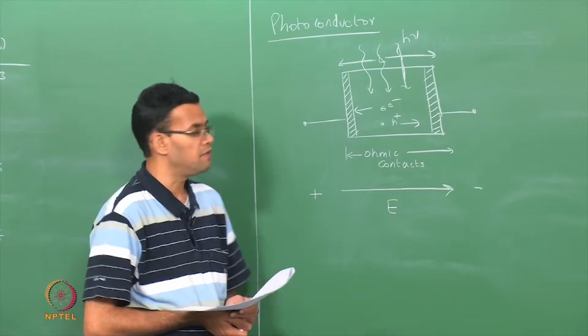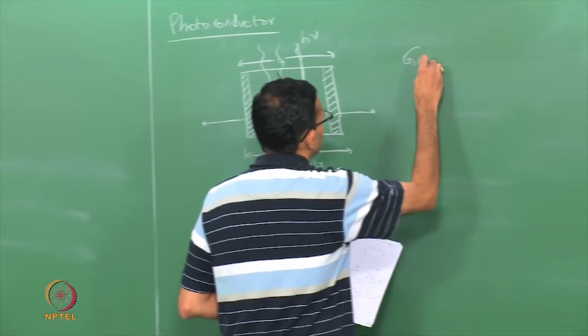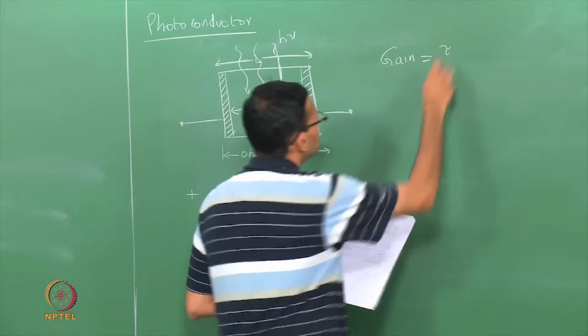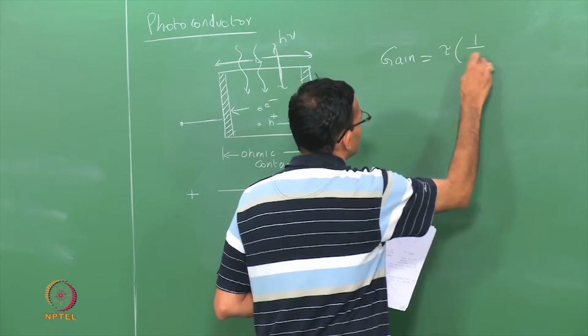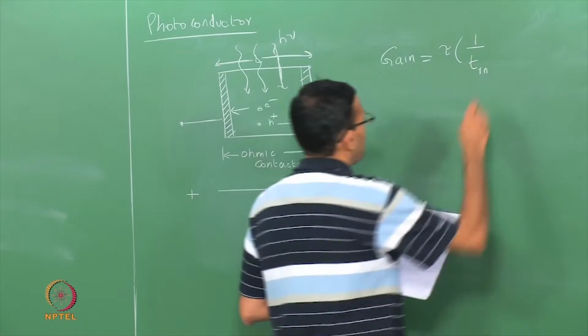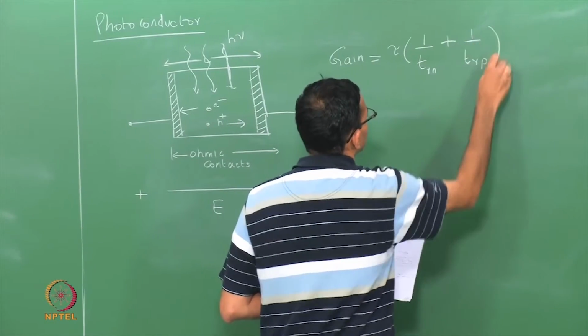In the case of this device, the gain is given by tau divided by the transit time for the electrons, plus 1 over the transit time for the holes.